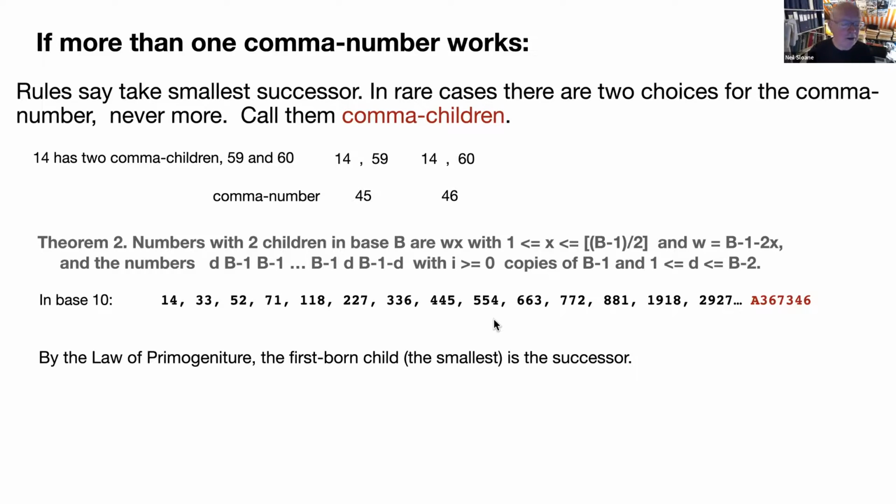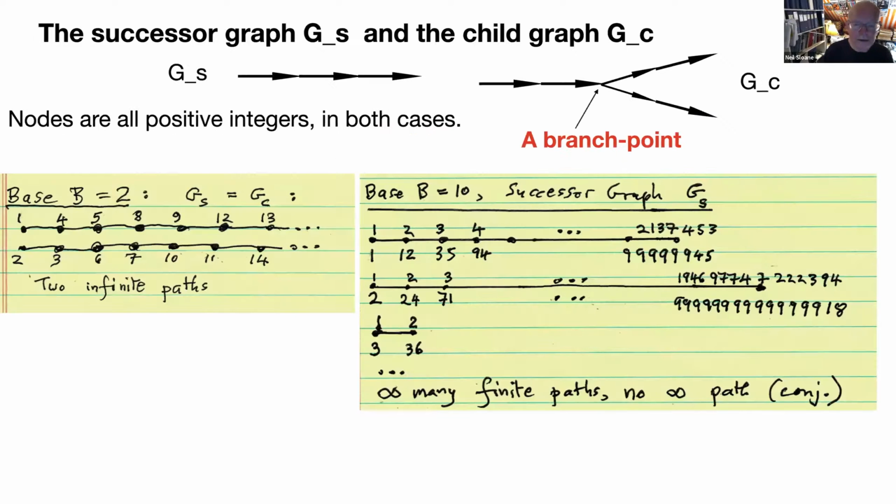Officially, you know, the law of primogeniture says that the firstborn child is the successor, the heir to the throne. So we're consistent here. The firstborn child, meaning the smaller of the 2, is the successor, and the other one is the rival child, the elder child, the rival to the throne. And so if we define 2 graphs, I think things become a lot clearer.